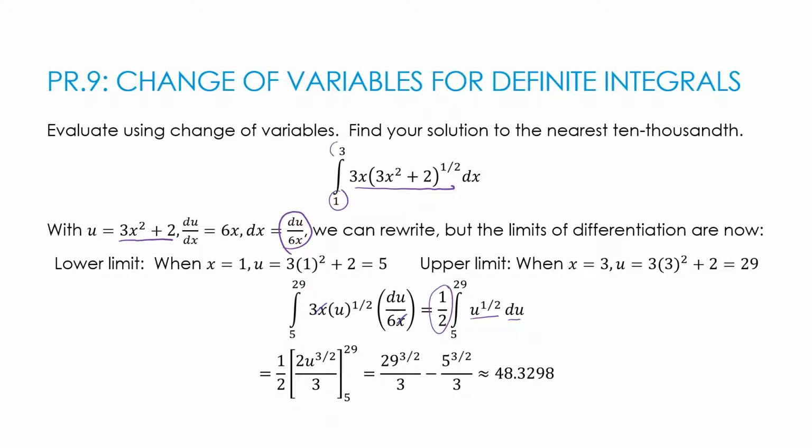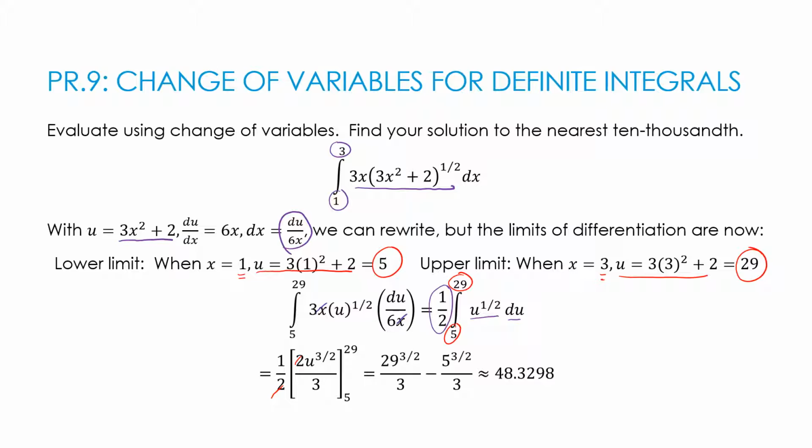So again, I went ahead and changed my limits of integration. Notice I started at 1 and 3. To find my new limits of integration, I just plug 1 into my u function, and I plug 3 into my u function. So I got 5 and 29. So notice that's what I'm using here, 5 and 29. From here, it's real straightforward. 1/2, u to the 1/2 is u to the 3/2 divided by 3/2, or 2/3 u to the 3/2.